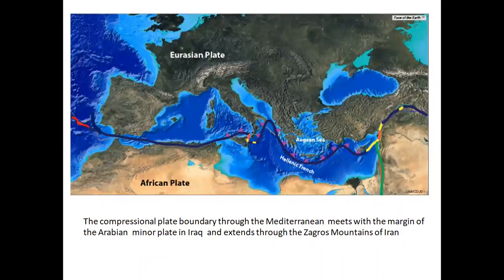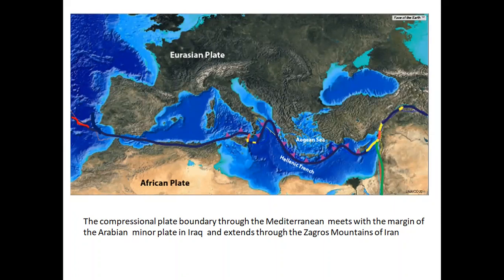There's another presentation of that work. It shows pretty much what's just been discussed, the main compressional zone running through the Mediterranean and then continuing around north of the Arabian Plate into eastern Turkey and Iran, or Iraq, I beg your pardon.